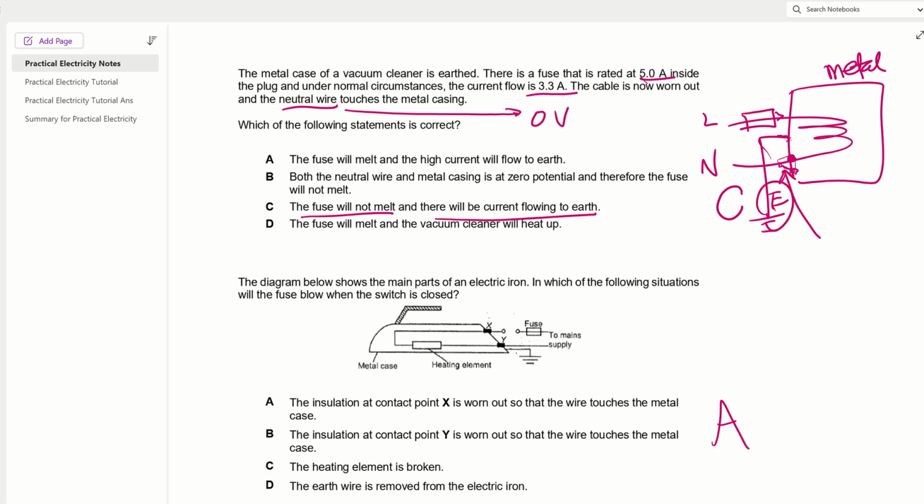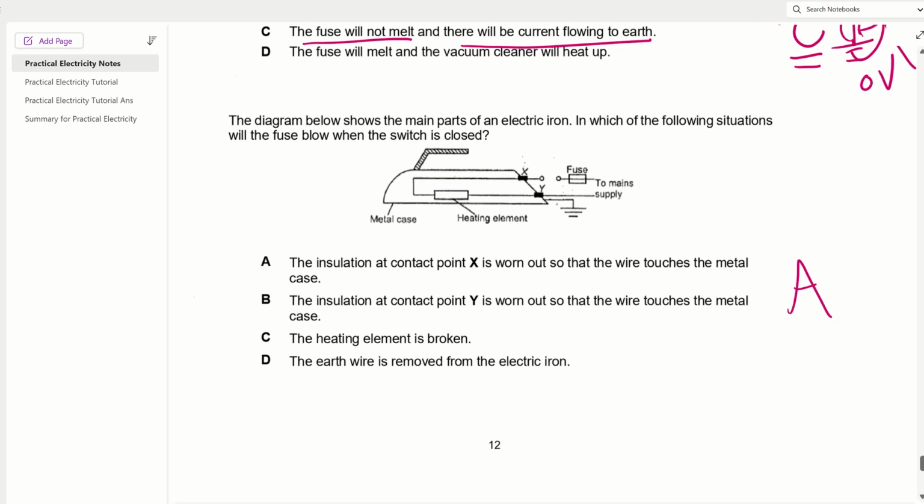But this is just the returning path. That means the fuse will not experience an excess current more than its fuse rating. So the answer is C. The fuse will not melt, but there will be current flowing to earth because it is at the same potential as the neutral wire.